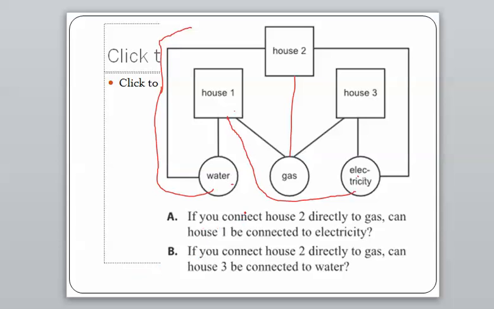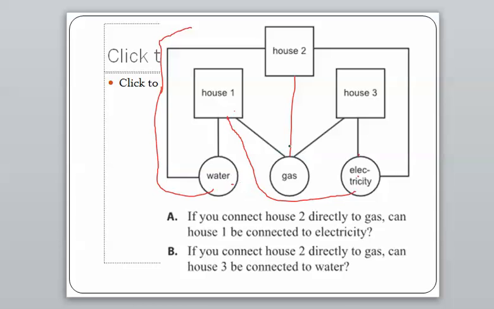How can I get there? Water to house 3. This is a very complex type of problem. These type of curves like this, it's called a Jordan curve, okay? You've got to be very, very careful with it, which ones you put in place first, which ones you put in place second, and so forth, okay?